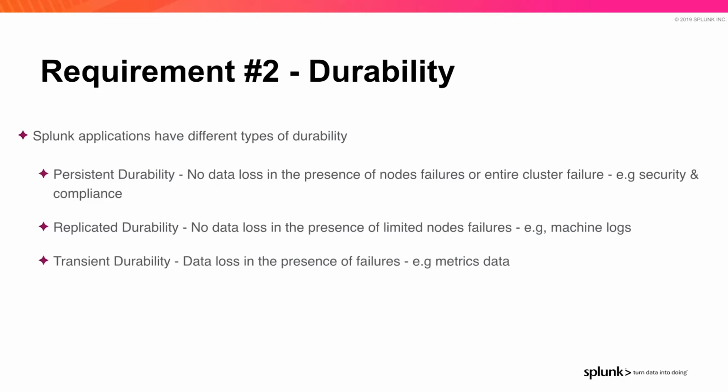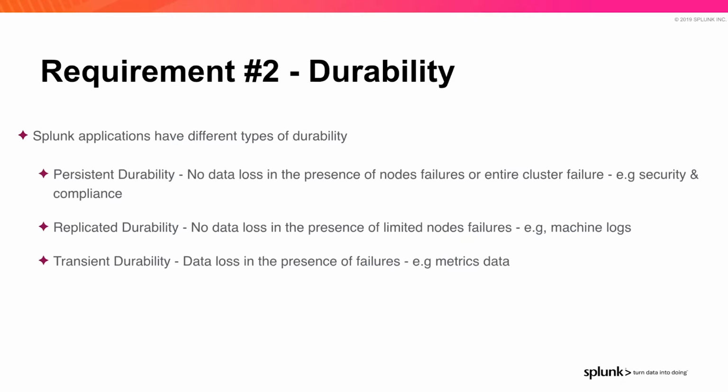Whereas replicated durability says no data loss in the presence of limited node failures. By replication, if you have a 3-node replication, you can survive up to 2-node failures, right? And this kind of replicated durability is good for collecting machine logs and processing them on the fly.